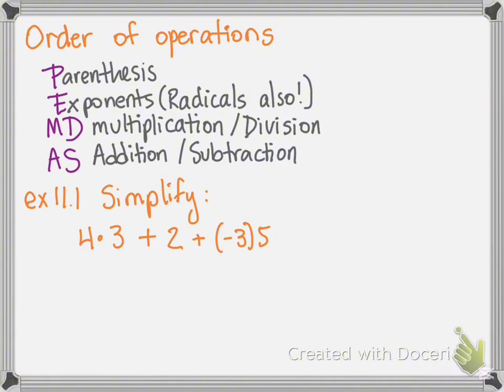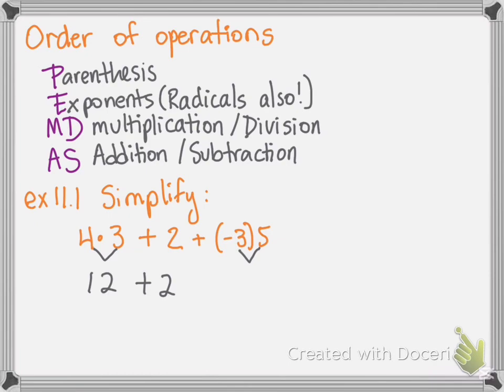So in this first example, we have to realize that there's some multiplications and subtractions. So we'll have to start with step number 3 and then do number 4. I like to do this kind of mark here like a V, indicating that that's the multiplication and that we have to do those first. It's like there is a glue between those two numbers. So 4 times 3 is 12 plus 2.